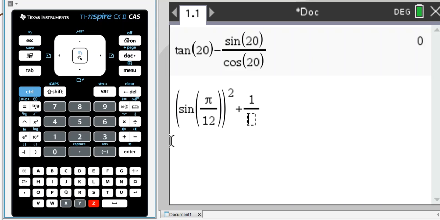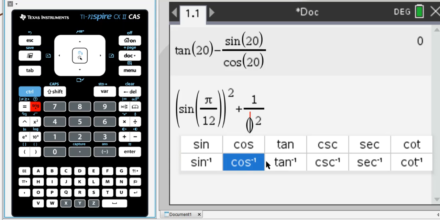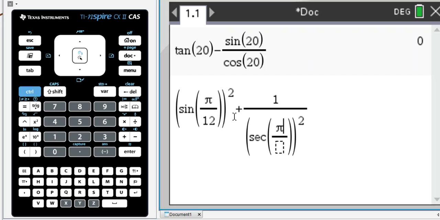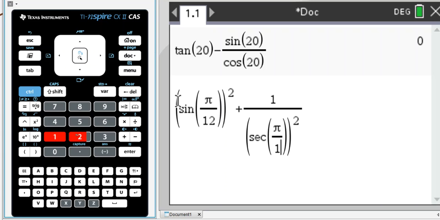So I need a trig function to be squared, so I'll put that grouping symbol and square it right away. And on the interior of that grouping symbol, I'll type secant. And inside here, we need a fraction, and it's got to be pi divided by 12. I thought I picked up an extra parenthesis here, but that's complete.